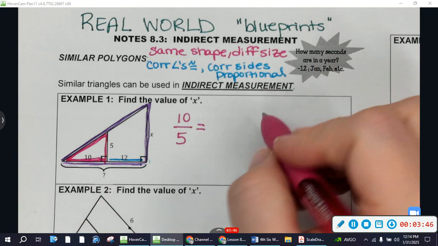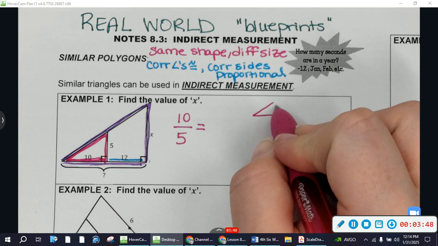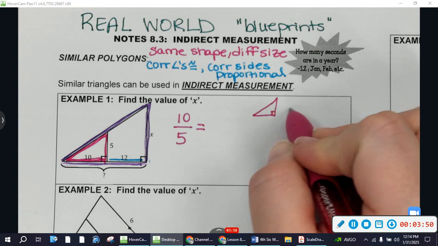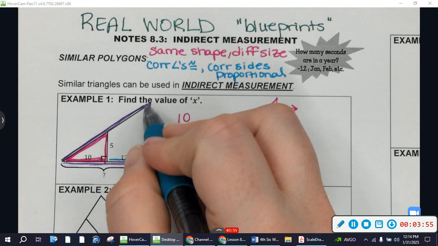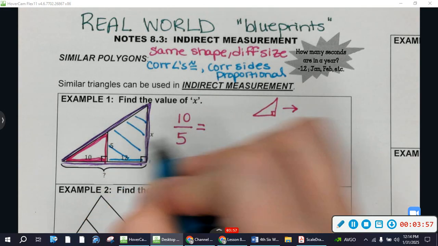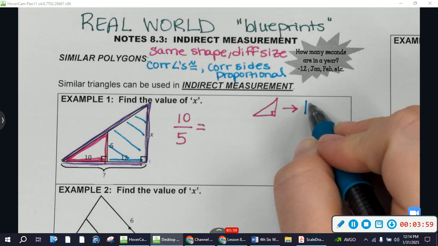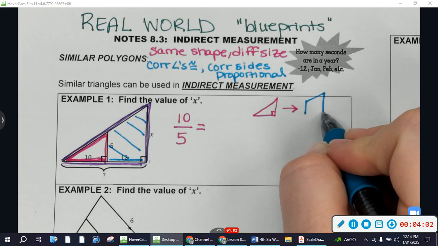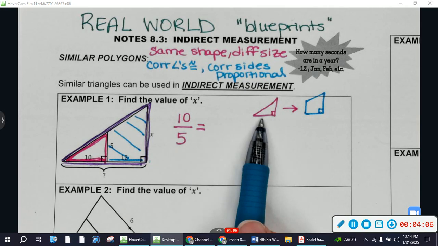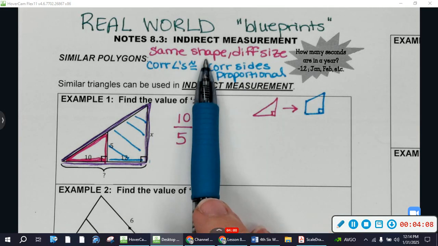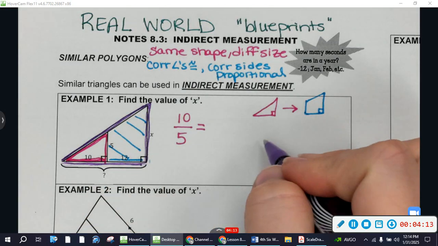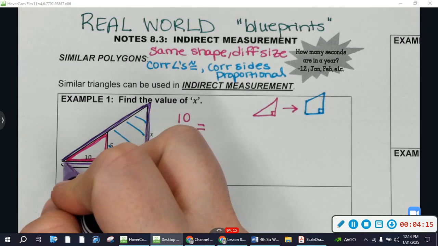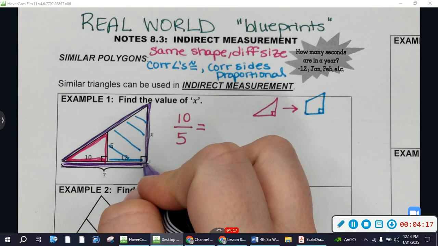10 is to 5. That's comparing a right triangle. If you use 12 is to x, you're actually truncating that shape and you're comparing a trapezoid. So you can't compare a triangle to a trapezoid. Those aren't the same shapes. But you can talk about the large triangle. So I do need the full base.